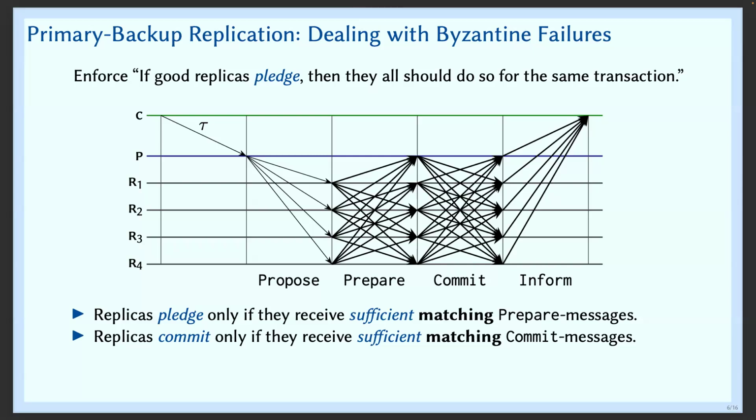For example, if you get 2f+1 messages saying the primary has sent them the same message, then you form a quorum. So it has to be a sufficient number of matching messages in order to form that quorum. But my collection could be different from yours.